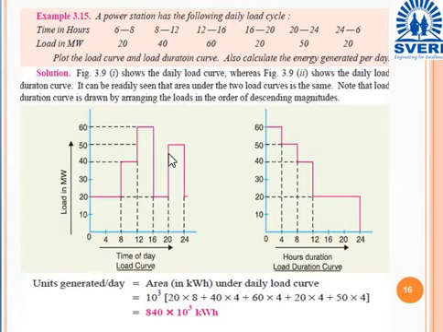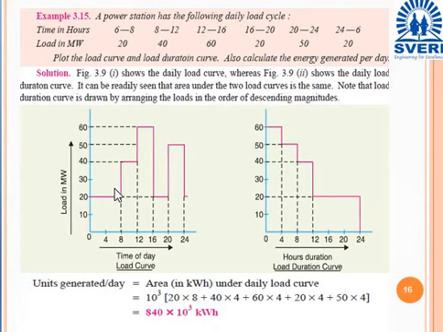From 20 it rises to 50 megawatt for 4 hours, 20 to 24, and once again from 24 to 6 it is 20, which means for almost 6 hours at the start of the day, plus 6 to 8, 2 hours, 8 hours in total, it is 20 megawatt. In this way we have drawn the load curve.